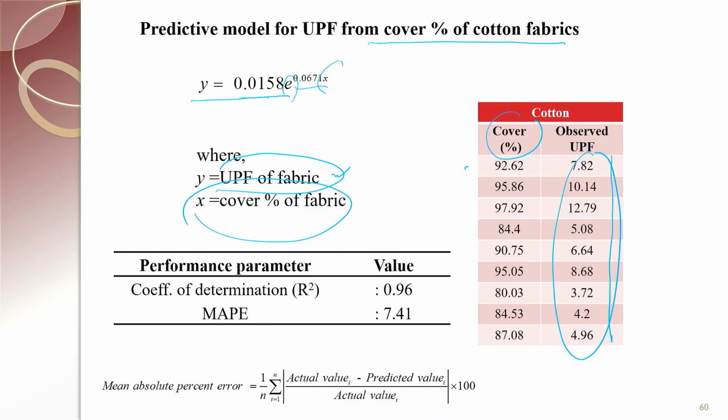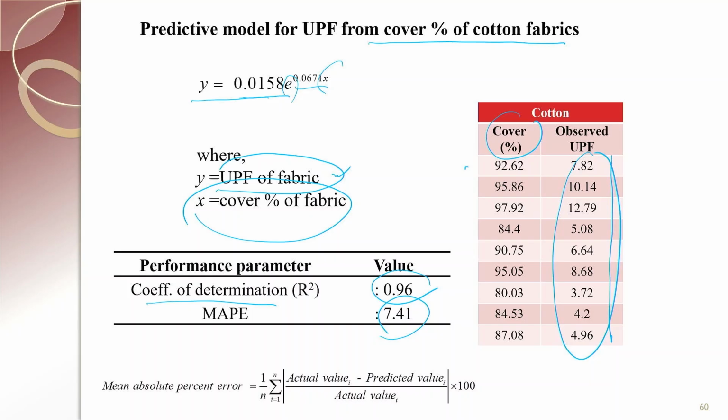Here you can see the coefficient of determination is given by R square. So, it is good, 0.96, and the mean absolute percent error, MAPE, is 7.41.